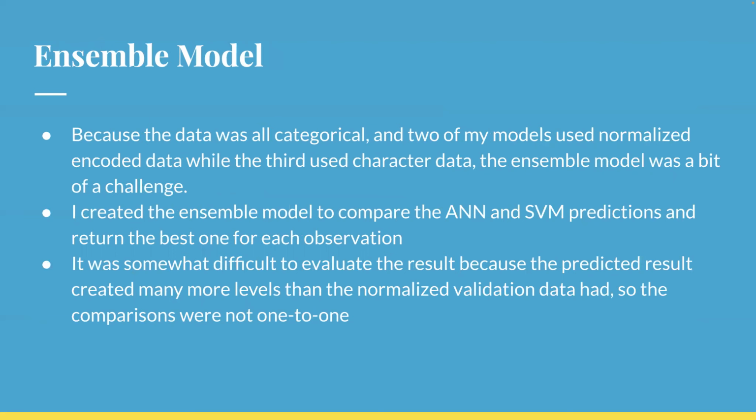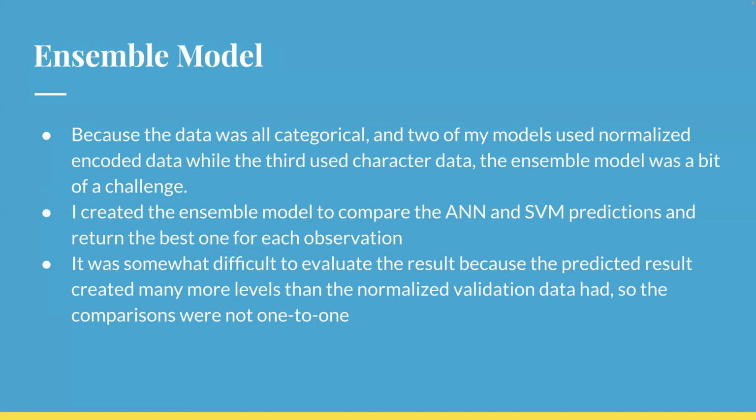As far as the ensemble model, because there was a data mismatch between the naive Bayes and the normalized data, I would say that the ensemble model was probably the weak point of this project for me. I did manage to create the ensemble model to compare just the ANN and SVM predictions, because the naive Bayes model was text, and the ANN and SVM were normalized, encoded numerical data.